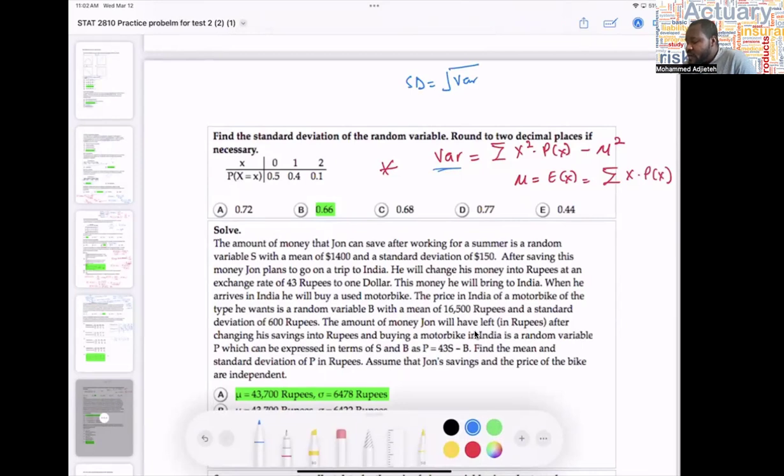How do we get the variance? This is the formula for the variance. And before we get the variance, we need the expected value, or the expectation, which is given as this. To do that, we can use Excel, or you could do it by hand, but I usually prefer Excel. So I'll do mine in Excel. You can also do yours by hand.